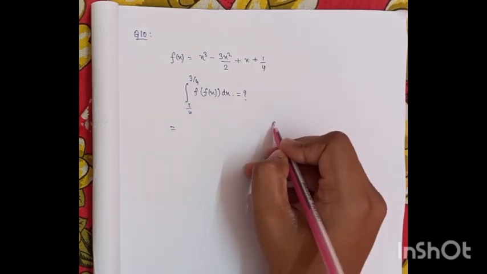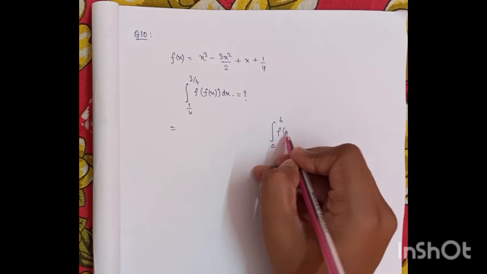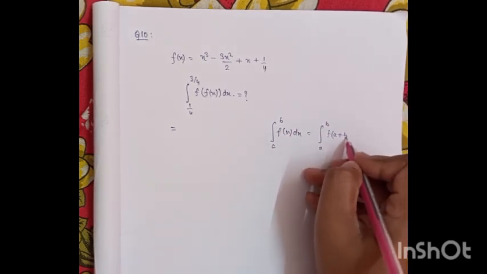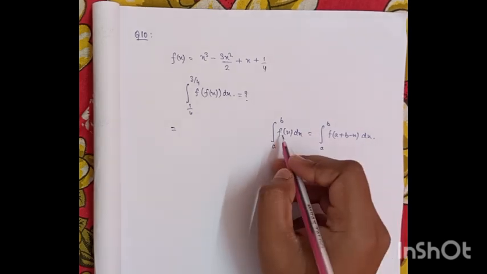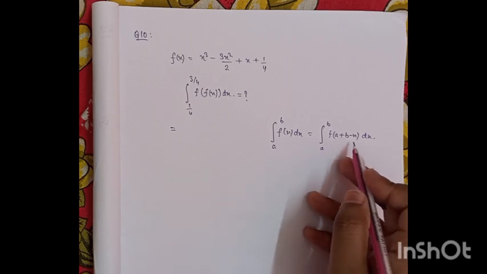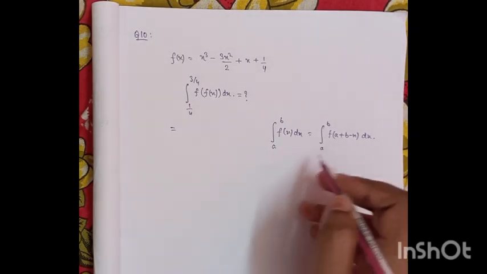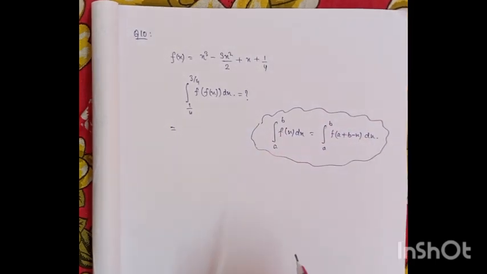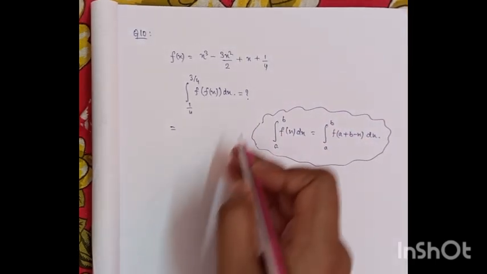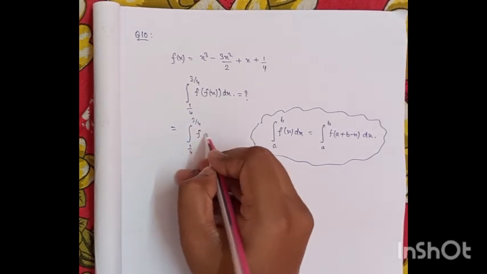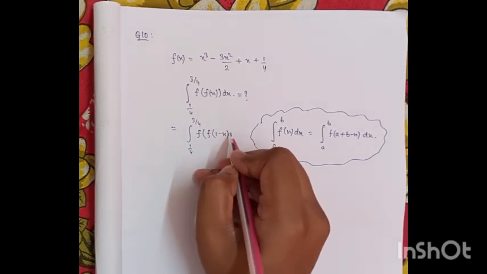So if we apply King's property here, that is, integral a to b f(x) dx is exactly equal to integral of f of a plus b minus x dx from a to b. This is the King's property of definite integration. So this becomes f of 1 minus x.